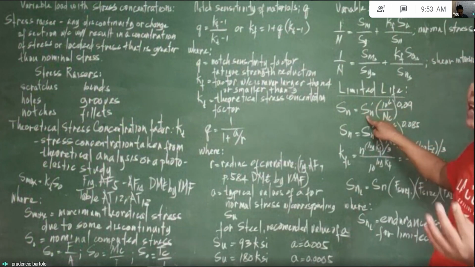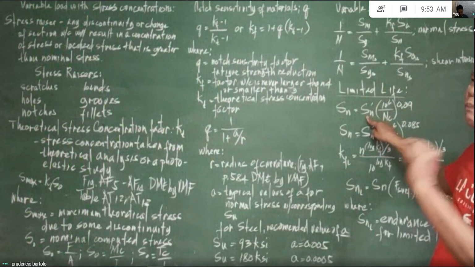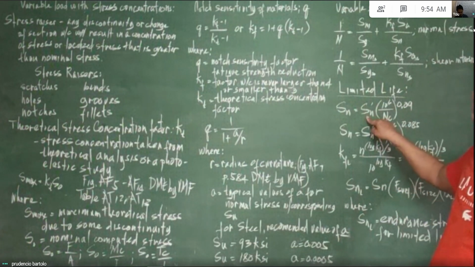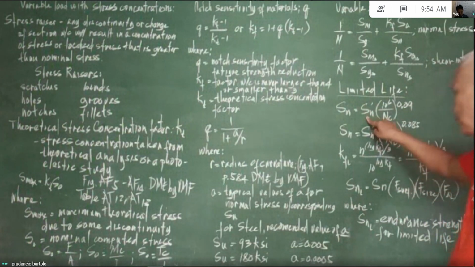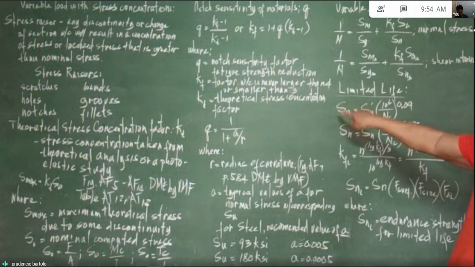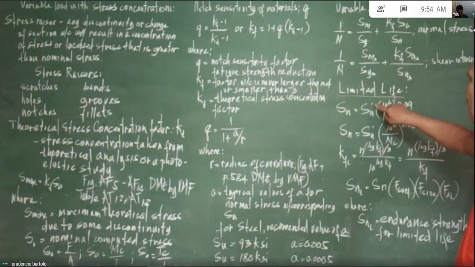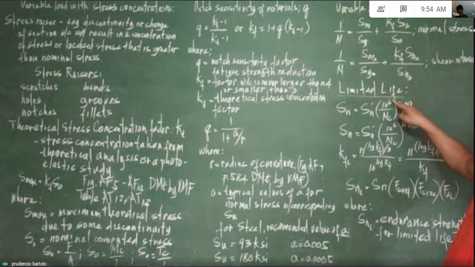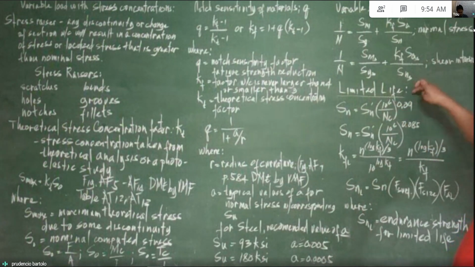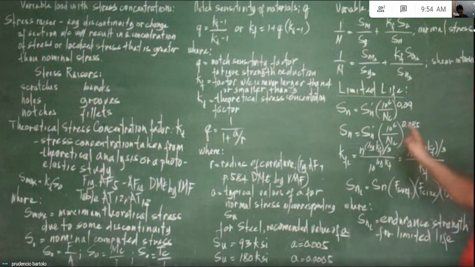Endurance limit is taken equal to 0.5 multiplied by the ultimate strength of the material, while the endurance strength is equal to Sn prime multiplied by the quantity 10 to the 6 all over Nc raised to a power of 0.09 for limited life.